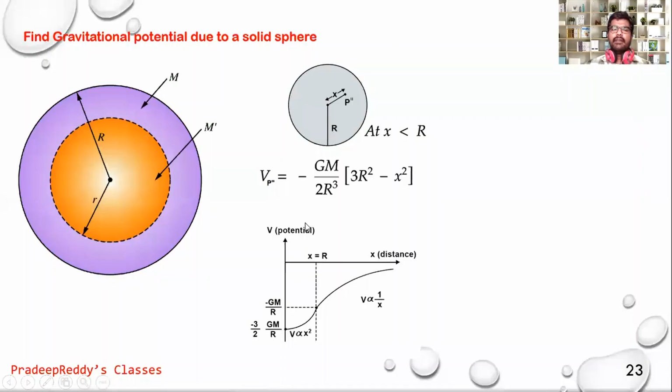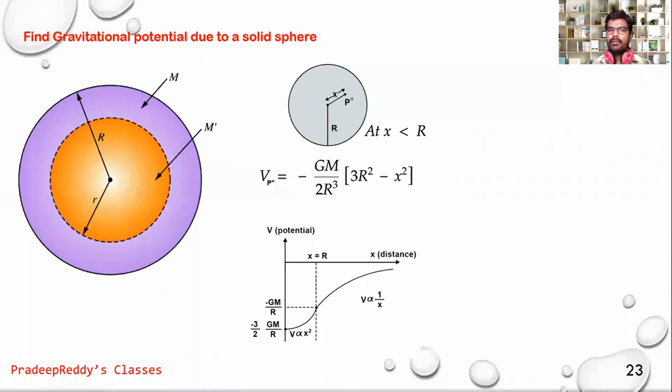Now let us discuss gravitational potential due to a solid sphere. Of course, this is a very, very important concept. In the previous slide, we have learned gravitational potential due to hollow sphere where inside there is no mass. But now we are dealing with gravitational potential due to a solid sphere where inside there is some mass.